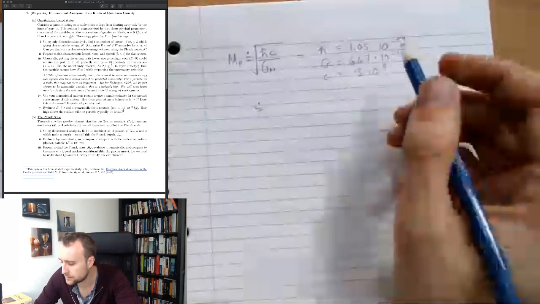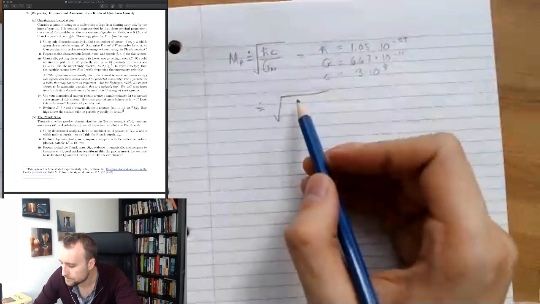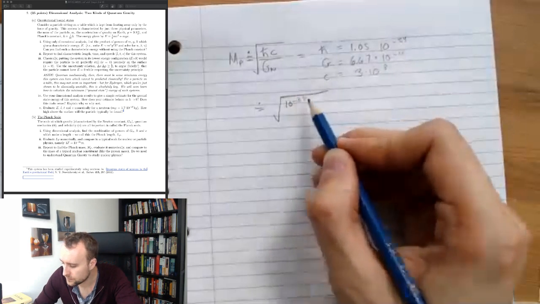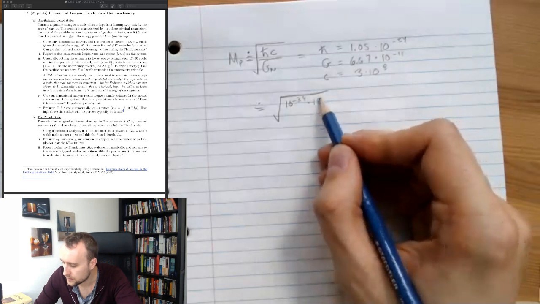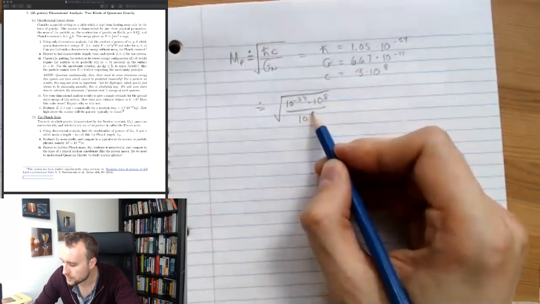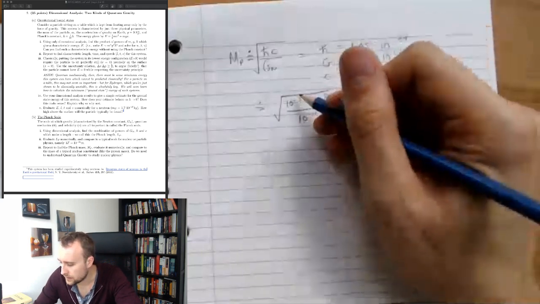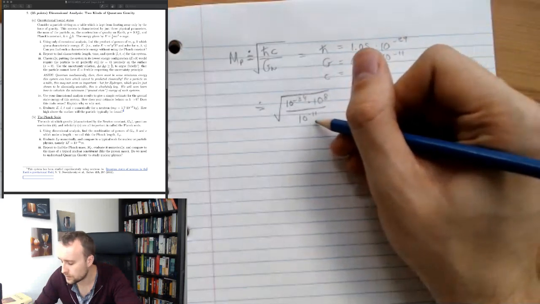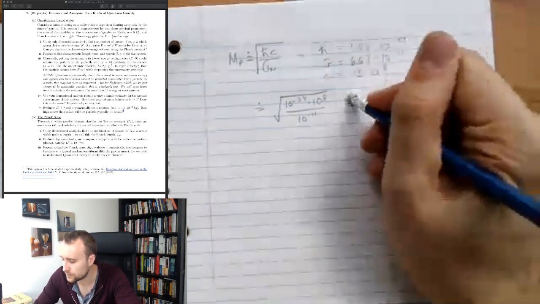Planck mass is going to be the square root of 4 times 10 to the 8th divided by 10 to the negative 11th. So we can just take these. So 34 minus 8 is 26 minus 11. I guess I can just do this.